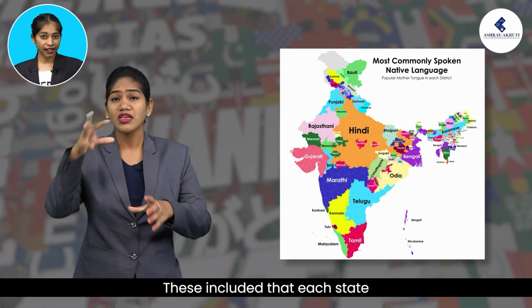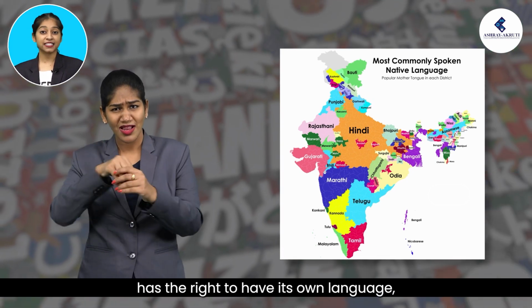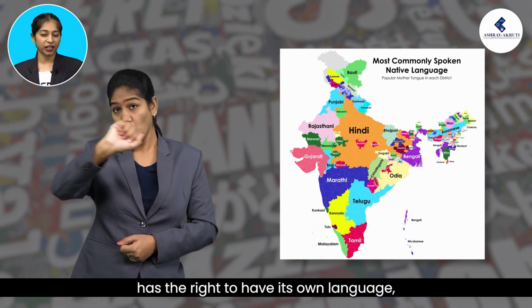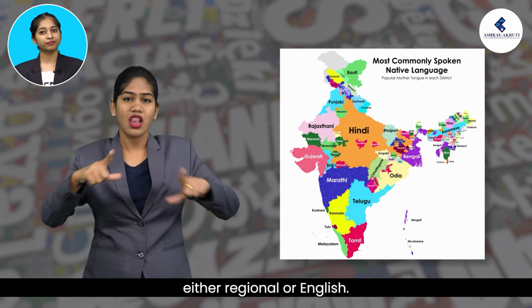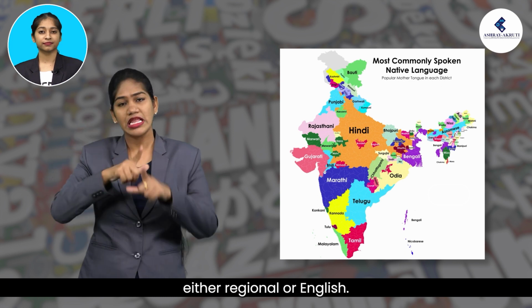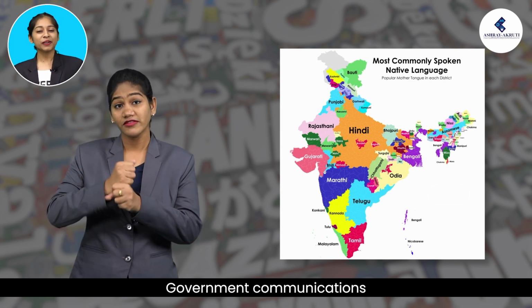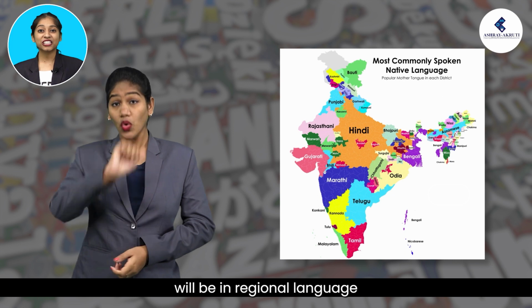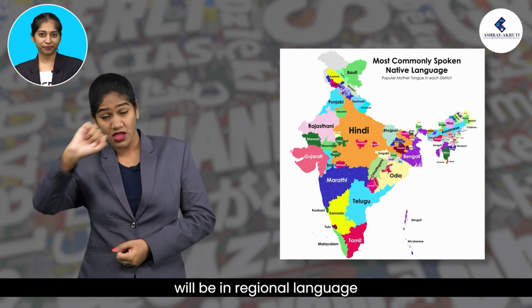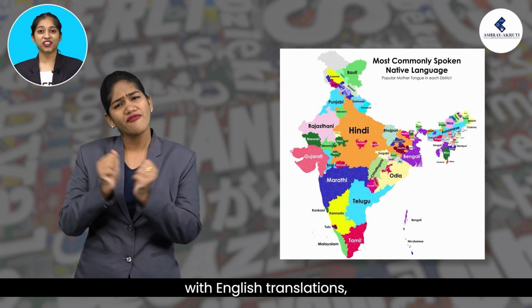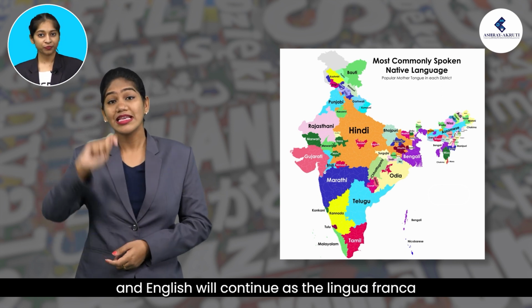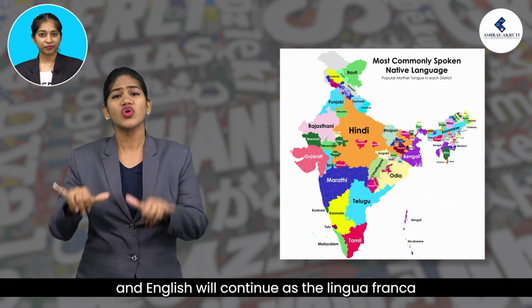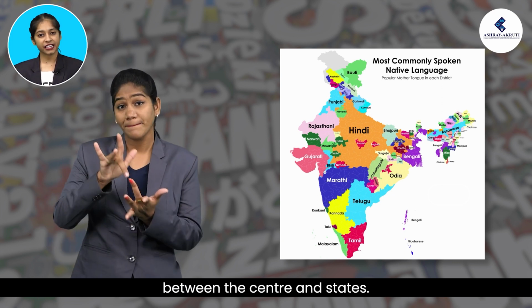These included that each state has the right to have its own language, either regional or English. Government communications will be in regional language with English translations, and English will continue as the lingua franca between the center and states.